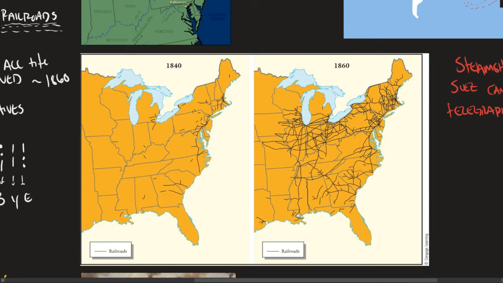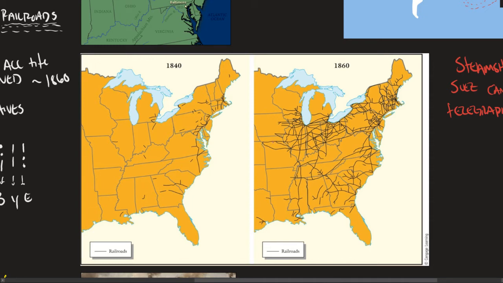But I think 2 things to take note of. First is when you look at the United States and you see where most railroads are built, right? And if we compare, I'll just give you an example here.